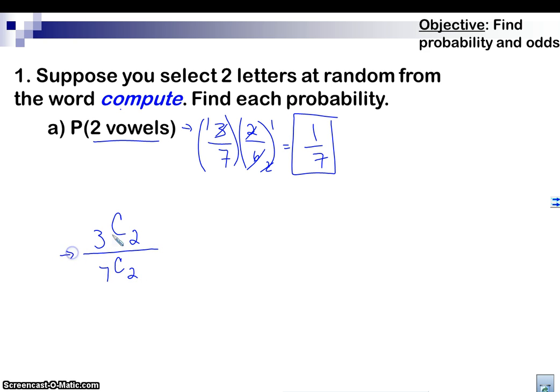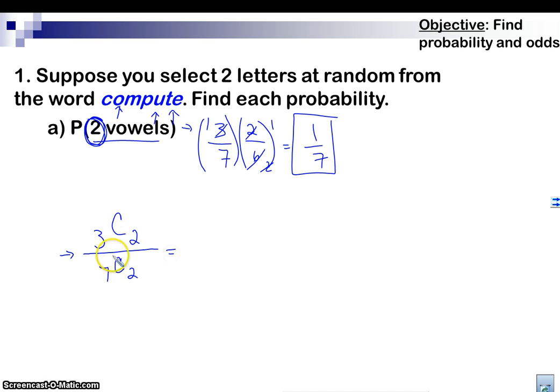All right, so this is how we do it with combinations. I have 3 vowels, 1, 2, 3. Choose 2 of them. Divided by 7 letters, and I'm going to choose 2 of those.